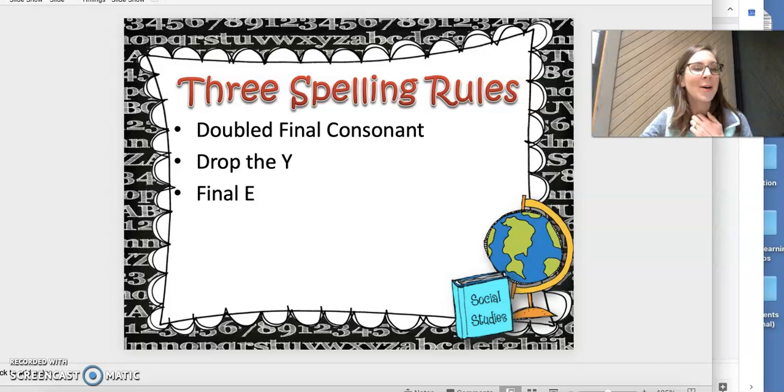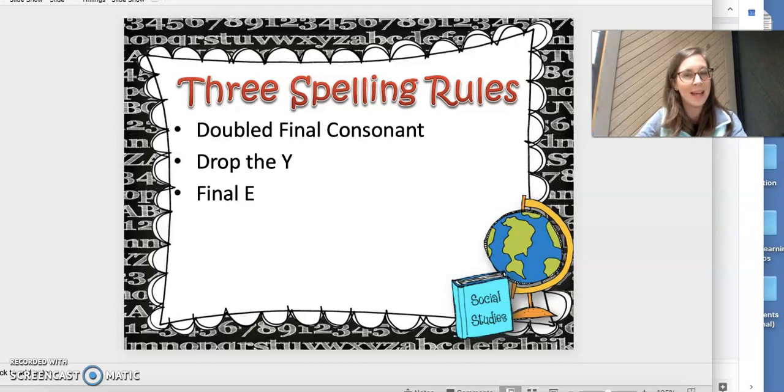So let's look at some examples that have these three different spelling rules. One, of course, could just be adding ER or EST with no change. But then the three changes would be doubling the final consonant, and that's if, do you remember, the vowel in that word is a short vowel and it ends with only one consonant.